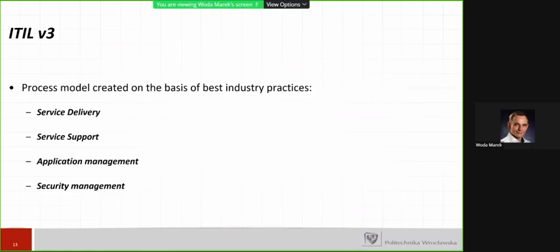So how we educate people, how we assure that there is no data leakage, how we prevent any malware from sneaking into our infrastructure, how we take control of vulnerability management, how we patch the system, and so on. So these are the four pillars of ITIL, which currently still stand within ITIL v4, but they were initially proposed in version v3 in 2011. Okay, so let's have a look at the next slide.